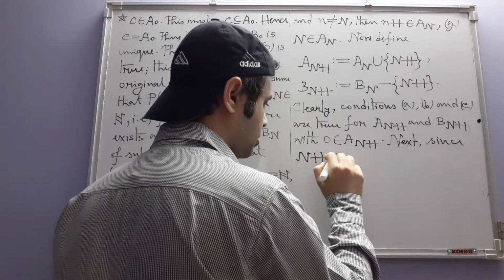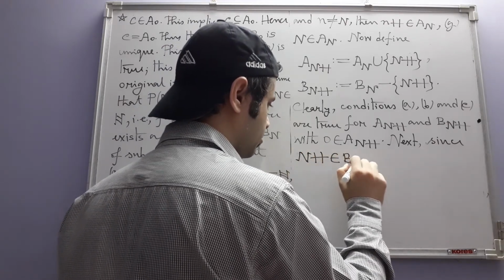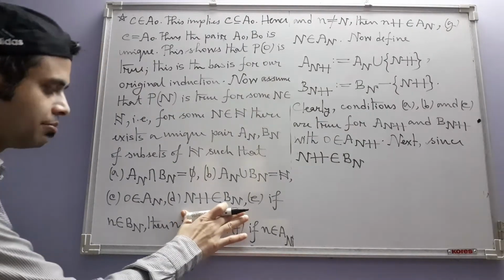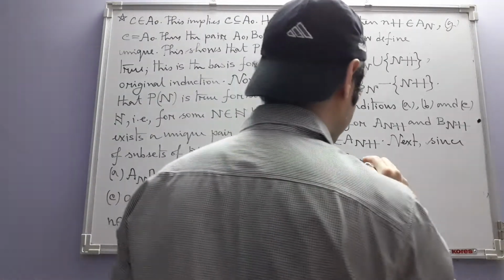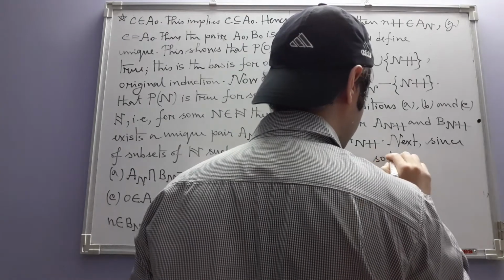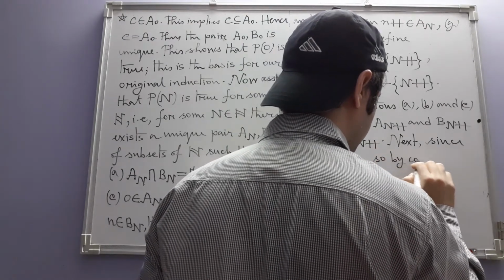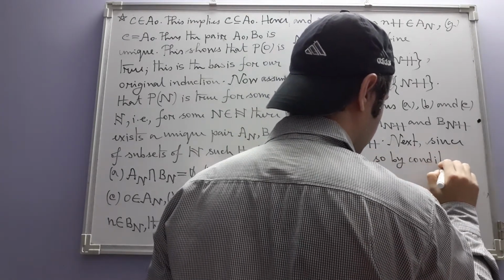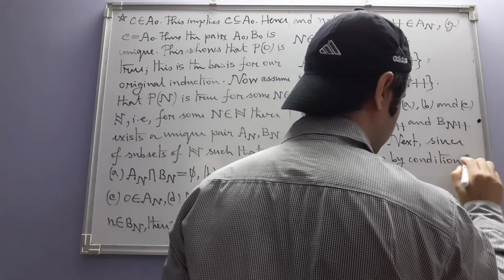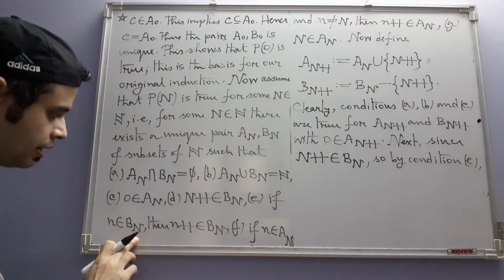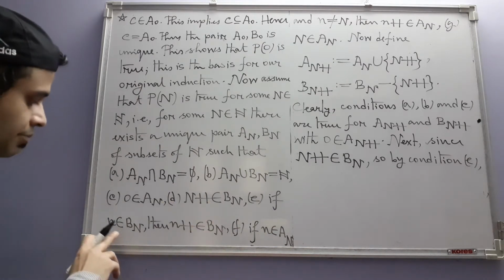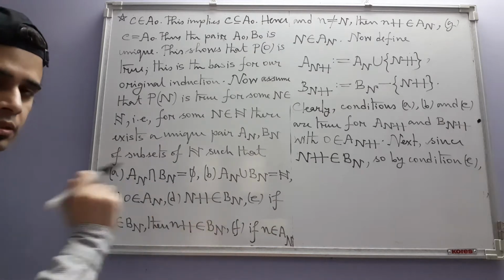Okay. Next, since n plus plus belongs to Bn, this is coming directly from the original condition D. So by condition E, condition E says that if something is in Bn, then its successor is again in Bn.